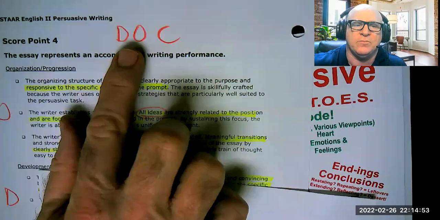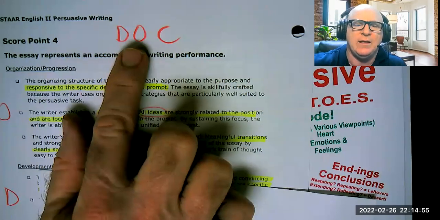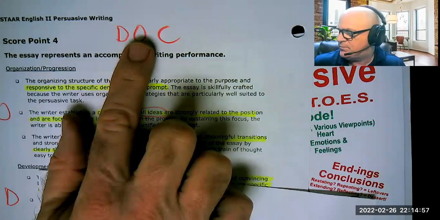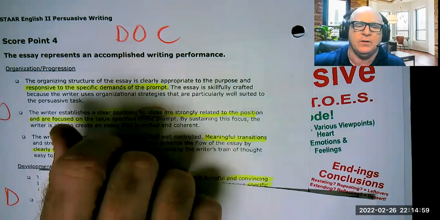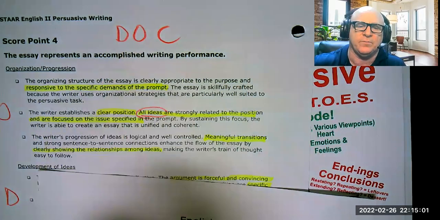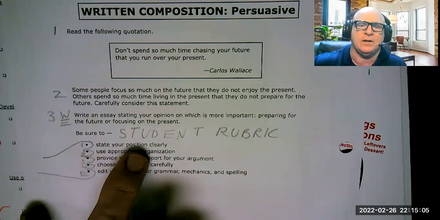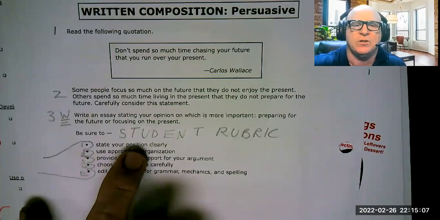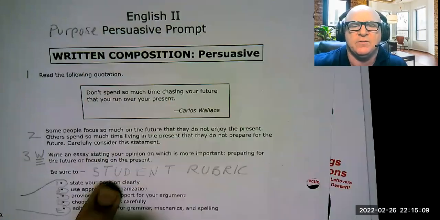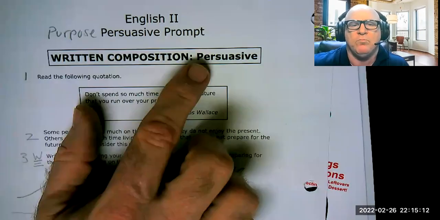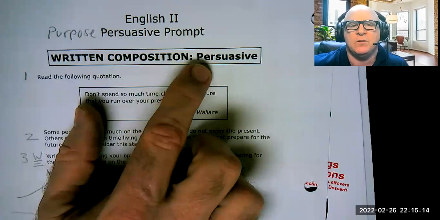Okay, how to go from 0 land to 1 land or 2 land is to have a statement that has your position. And that's the cool thing about the first letter in the word persuasive is position. But what was the purpose? Persuasive. What was the prompt?